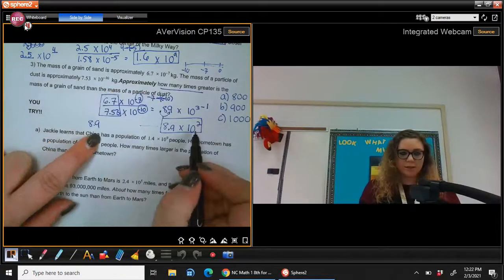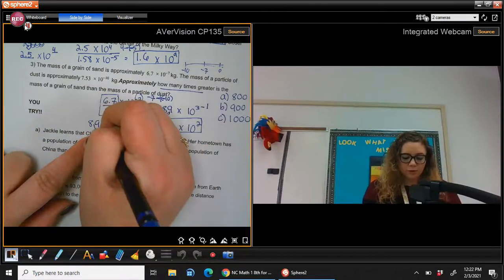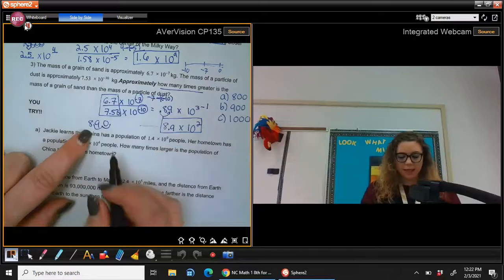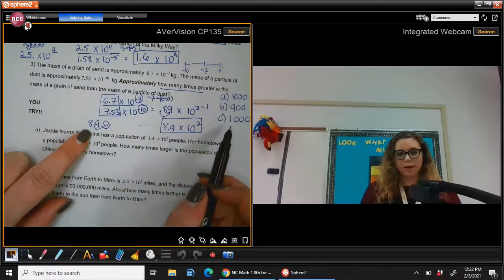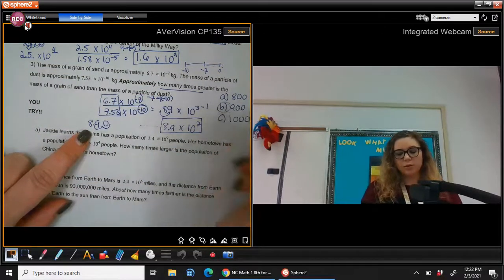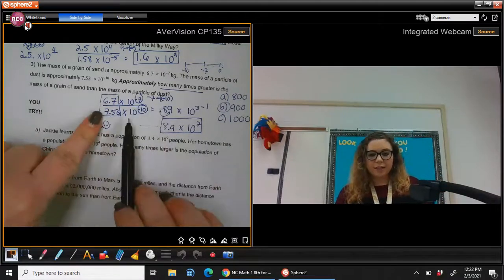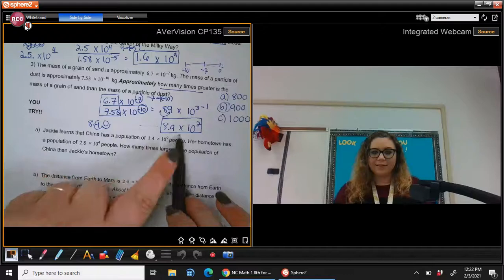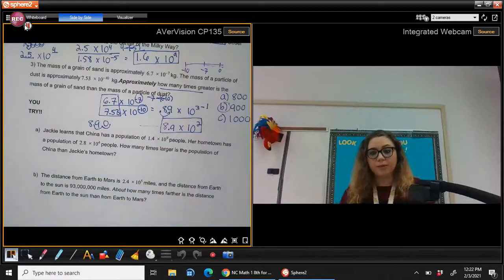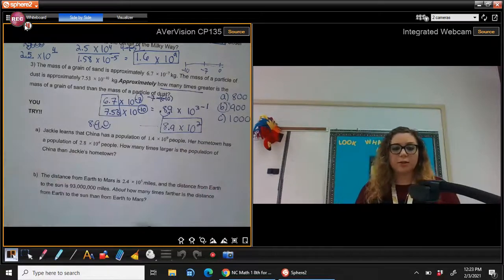This is a +2, so I'm going to move 2 to the right. And that's 890. Which choice is closest to 890? 900. Okay, so sometimes you're going to have to convert it to scientific notation, do the process, and then convert it back to standard form to be able to see which answer choice best represents your answer. So just pay close attention to that.